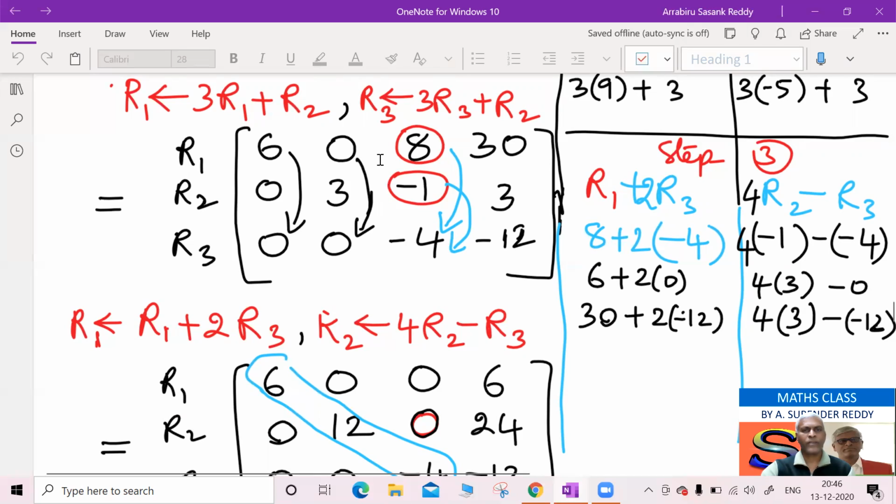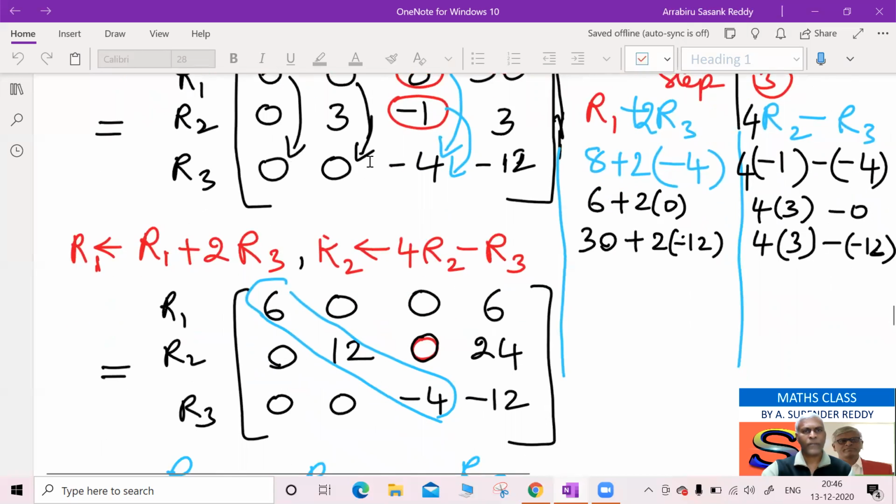By applying this formula, minus 1 becomes 0. You write 0 in place of minus 1. That is the third element of the second row. And apply the same formula for the other elements. You take 0 and 0, that is 0 only. 3 and 0, so 4 into 3 minus 0, 4 into 3, 12.